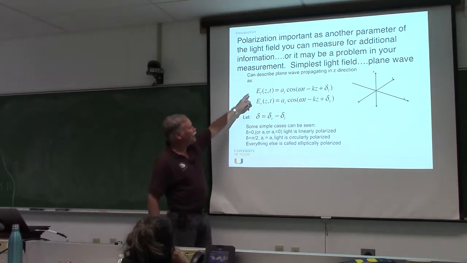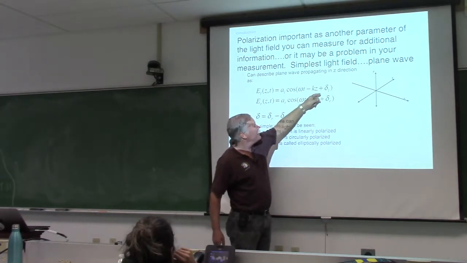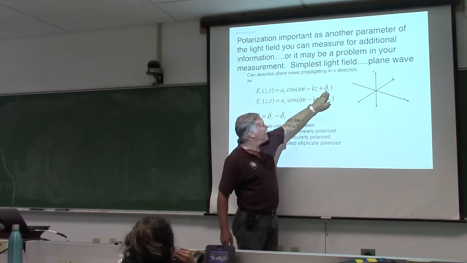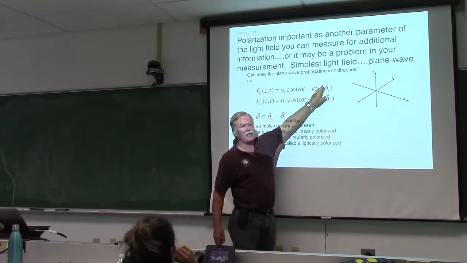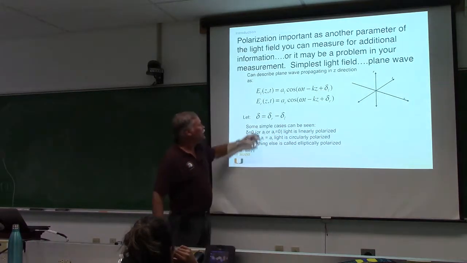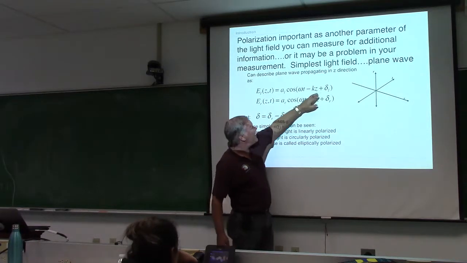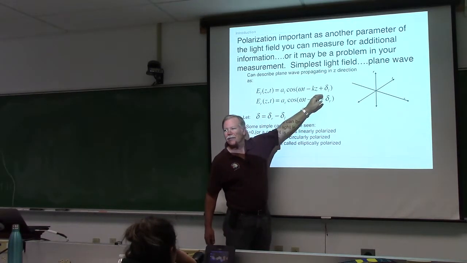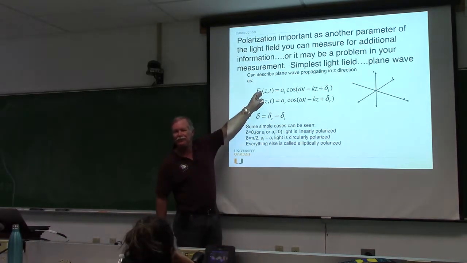If you describe it this way, we can't really tell what this delta is or that delta is, but what we can look at is the difference between the two, one relative to the other. So if you look at these equations, what happens if delta, the difference, is zero, if they're both the same? What's going to happen to these electric fields?